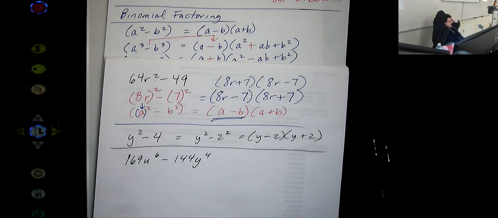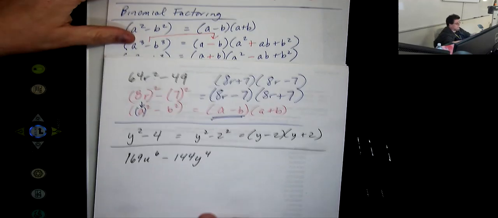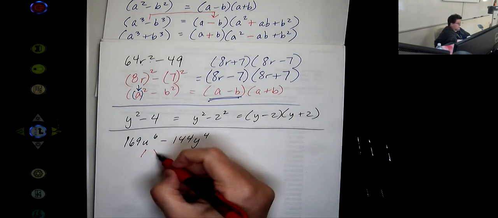Which one does this fall under? Is it a cube or a square? This is something to pay attention to. U to the 6, or any variable to the 6th power, can be written two ways.